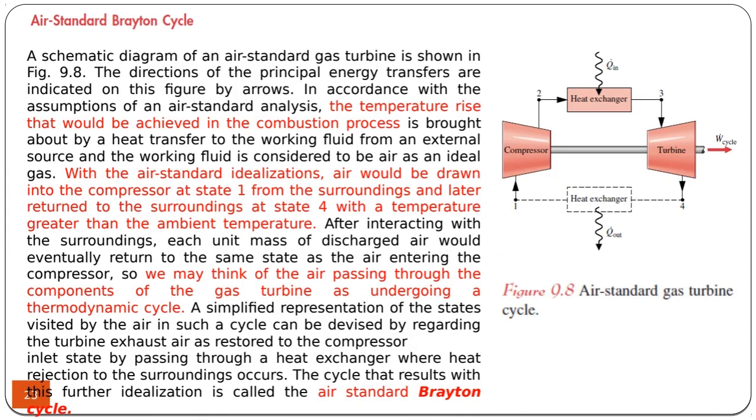So for analysis purposes, as I said, instead of rejecting the exhaust out, we can recycle it. So according to this, in the top heat exchanger, which represents the combustion chamber, instead of combusting fuel, we add heat, which is Q in.